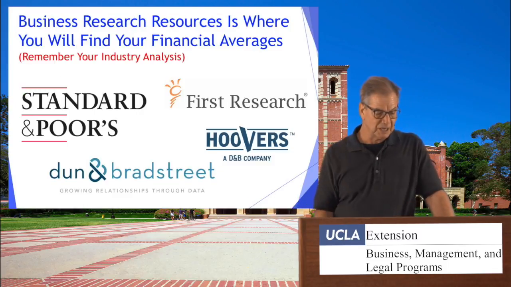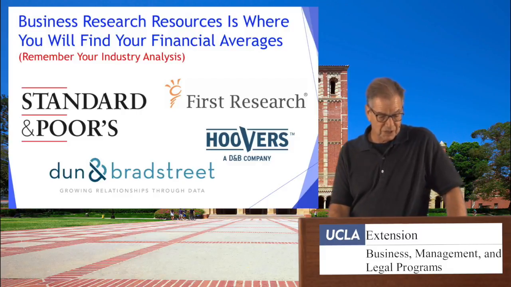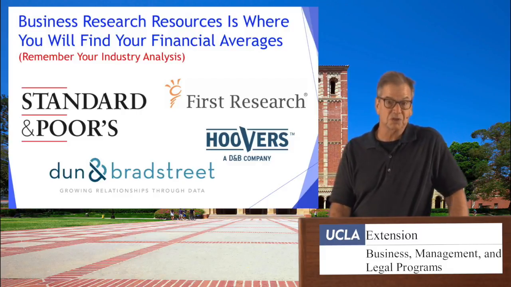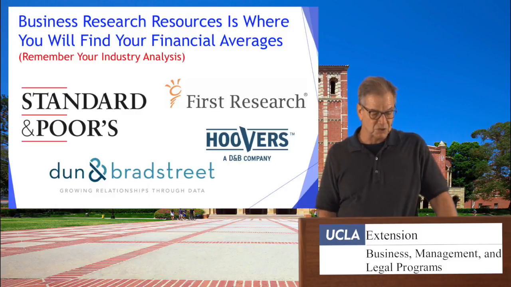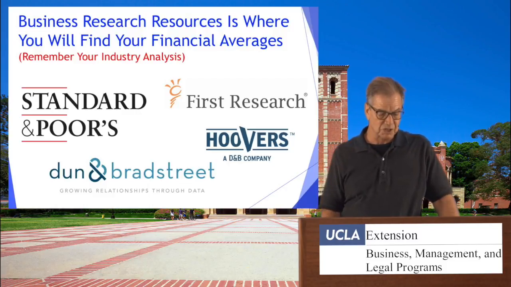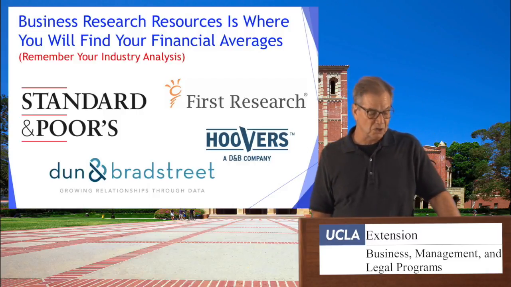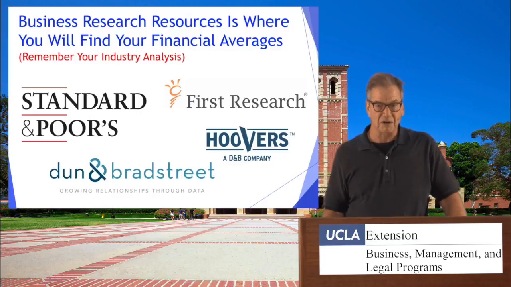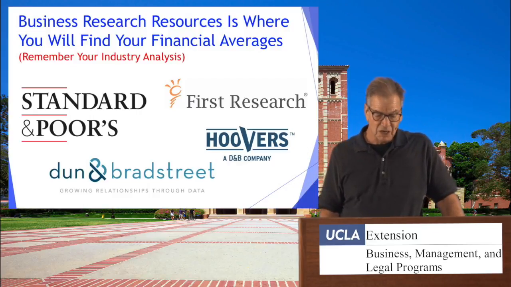Again, we can get a lot of this information through Standard & Poor's, Dun & Bradstreet's, First Research, and Hoover's. These are all prestigious financial and research organizations. Know that if you go to your business banker, banks often subscribe to these, and they can get this information to you for free.